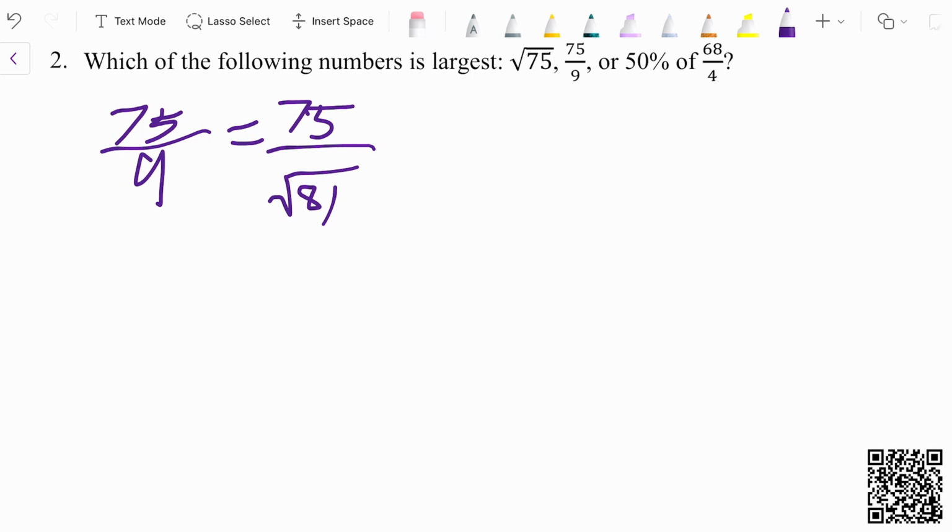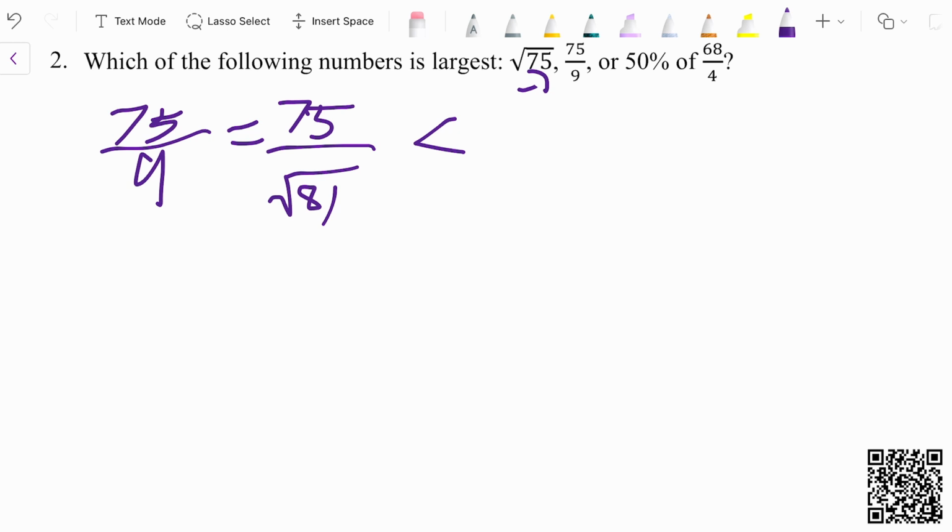since the square root of 81 is 9. This is then less than 75 over the square root of 75, since we can write the square root of 75 as 75 divided by the square root of 75, because two square roots of 75 multiplied together create 75.